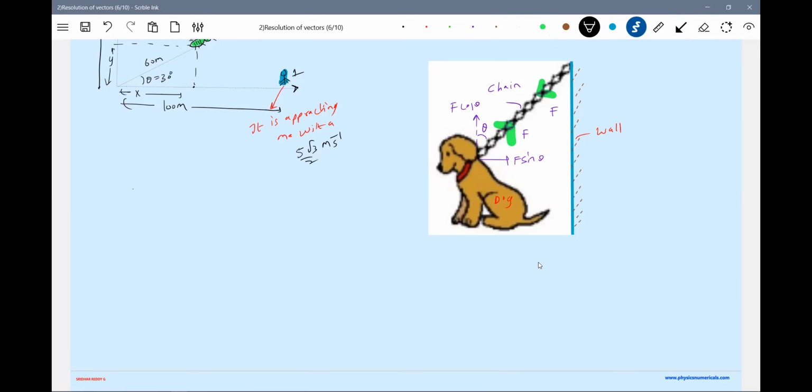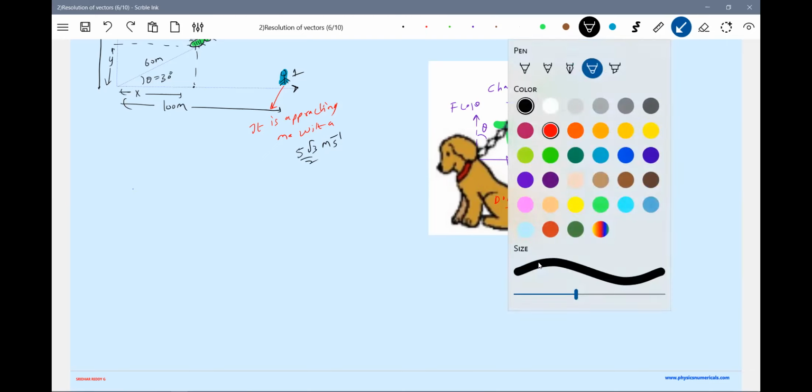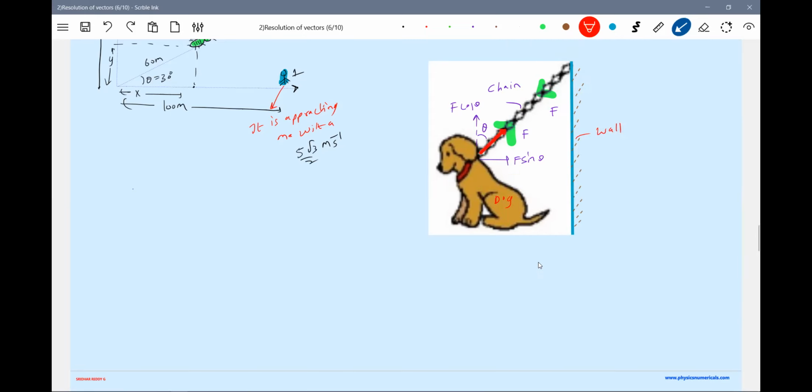I can show it with a red color arrow, that will be more visible. This particular force I'll break up into F sin theta and F cos theta. Like that, I can split it up.